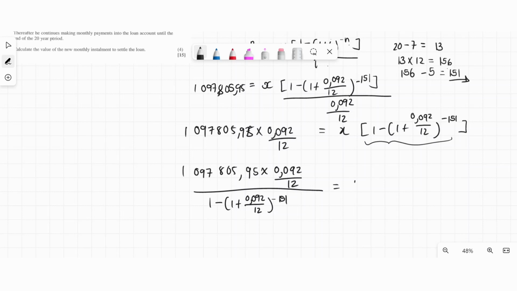Punch this into the calculator. So your new installments are going to be this, which is 12,297.81. So that's going to be your new monthly installments.